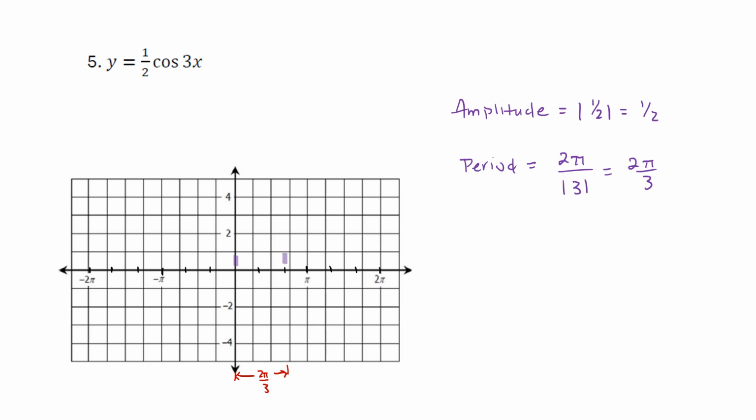Then right in the middle would be the halfway mark, which would be -1/2. And then halfway between pi over 3 and 0, it would be pi over 6, which would be 0, and 0 over here too. So then we can connect these dots. And that would be one complete cycle.